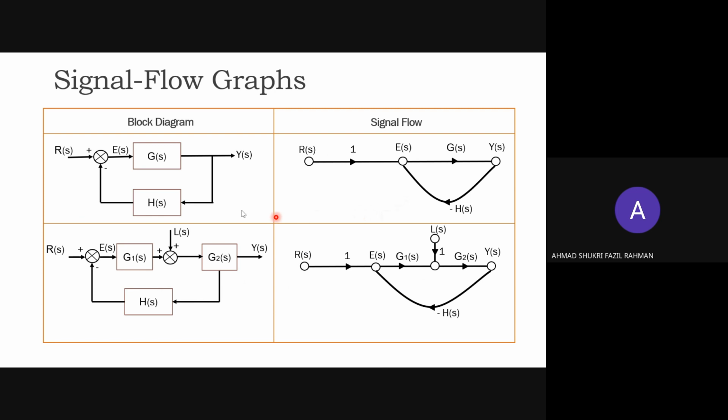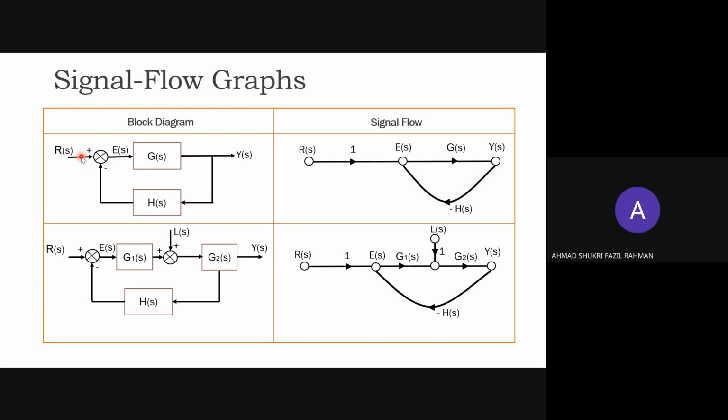Same goes for here. You can see we have the RS signal going to the ES signal, but there is no representation for it in a signal flow graph. So for this case, it is not valid. Typically only systems and signals are represented, so the summing point and pickoff point are not related.